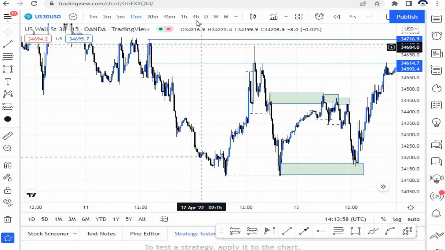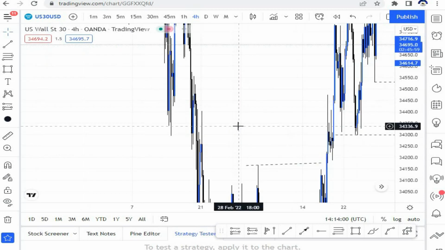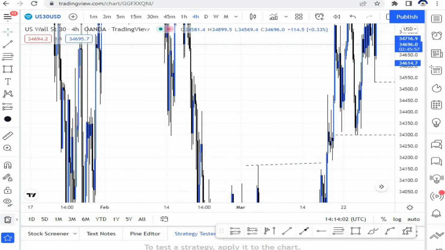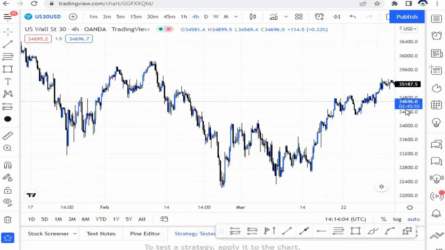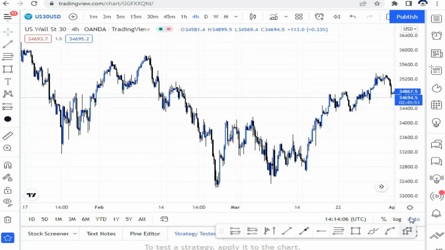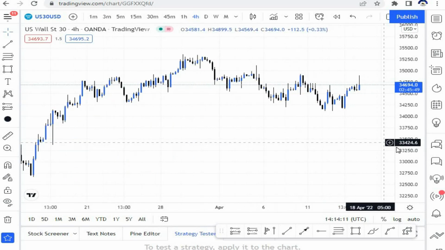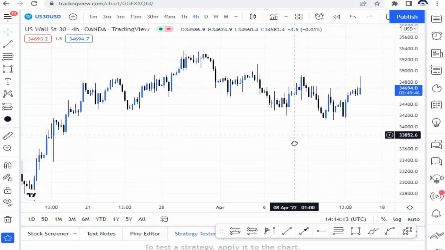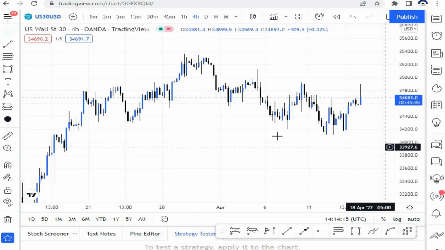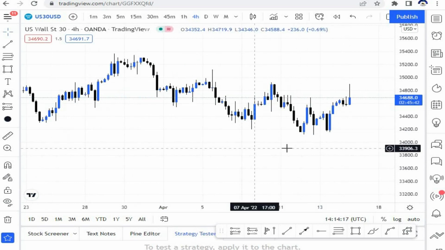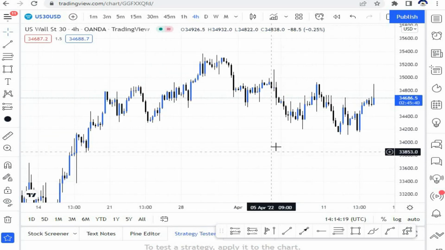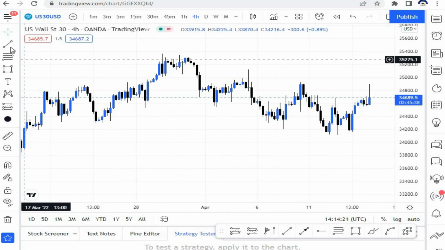So now it's for you to understand your H4 time frame, like what we said. Now let's delete everything and keep our chart clean. As you can see now, guys, once you come back to your H4 time frame, you only wait for the price to give you what it wants.